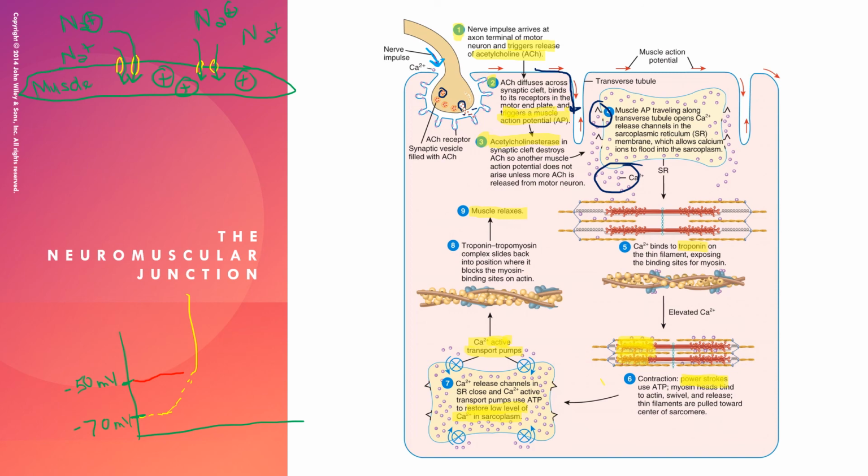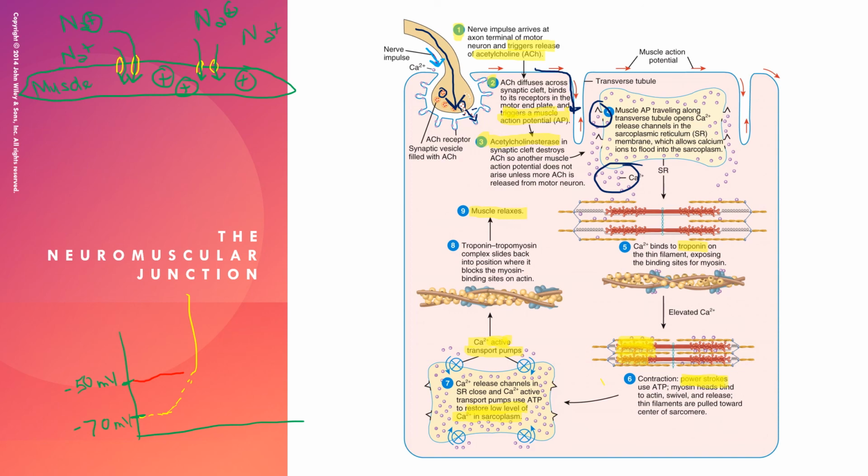We have to break down that acetylcholine so that we don't continue activating those receptors. If another impulse reaches this motor end plate here, another nerve impulse comes, we're going to have more acetylcholine released, and then the whole cycle is going to repeat again.